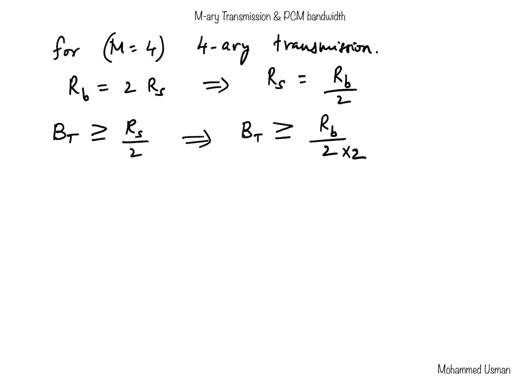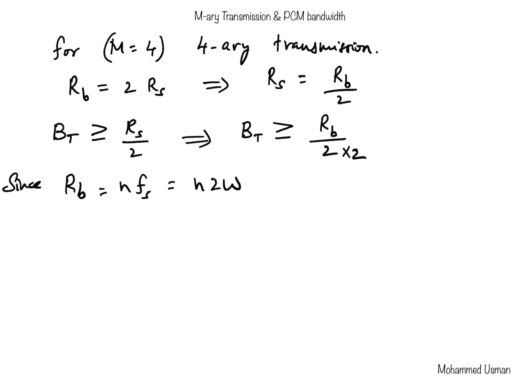Now from our previous discussion, since Rb is equal to N times fs, which is N times 2W, considering the Nyquist rate for sampling, that's the minimum value.